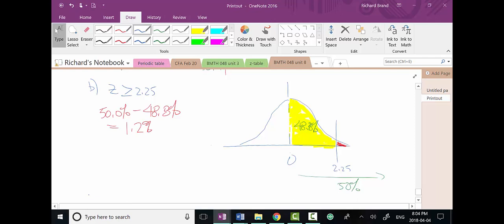Now, in total, 50% of the data is above the mean. The difference between the 50% of the data above the mean and the 48.8% corresponding to a z-score of 2.25 is 1.2%. So that means that 1.2% of the data is greater than a z-score of 2.25.